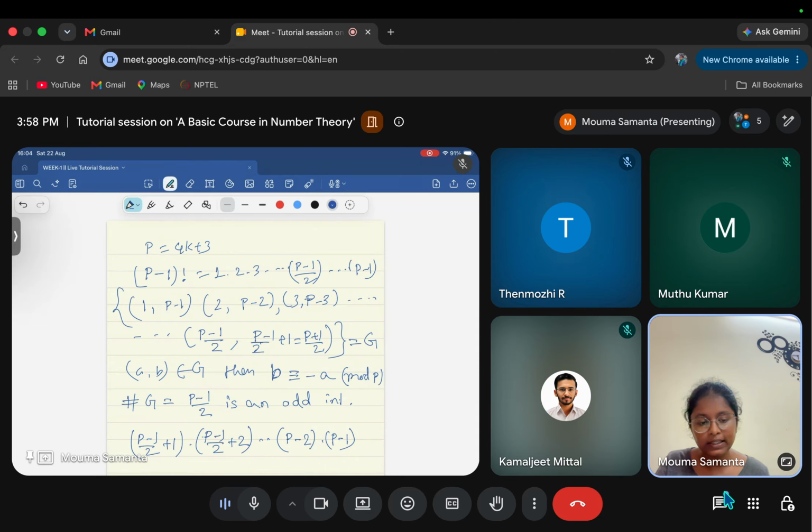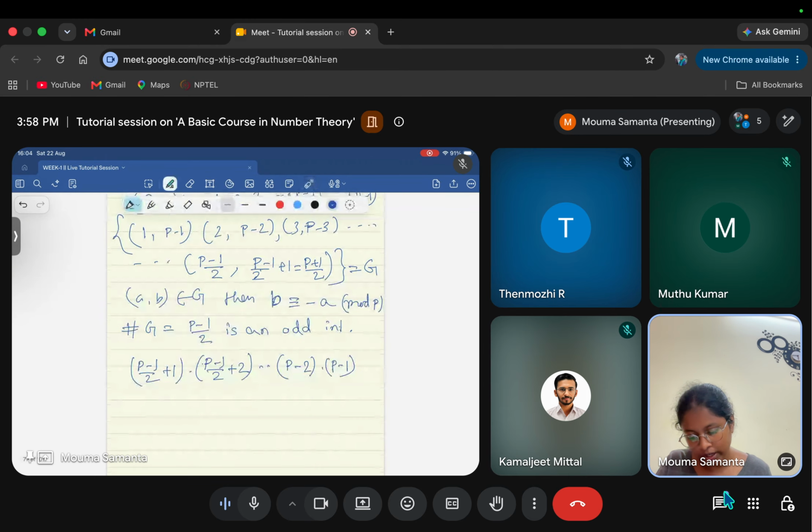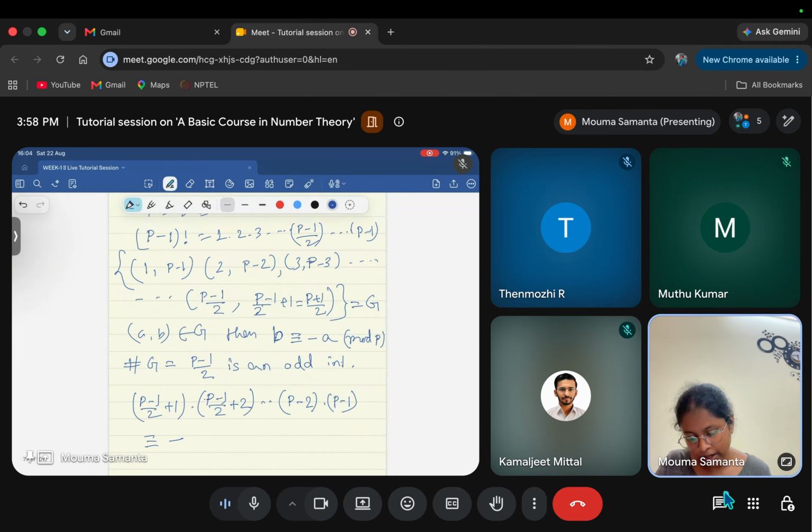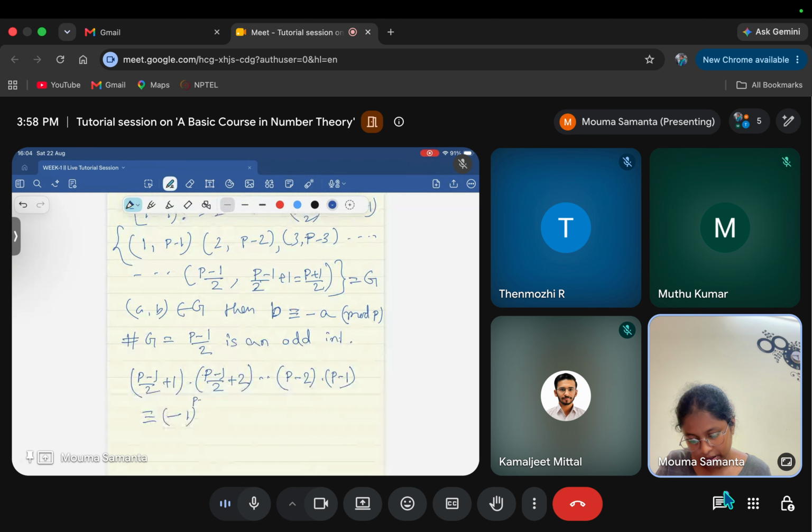These are all the terms which occur as the second term in the pairs of the set G. Therefore this product is congruent to minus 1 whole power p minus 1 by 2, into 1 into 2 into 3 up to p minus 1 by 2.